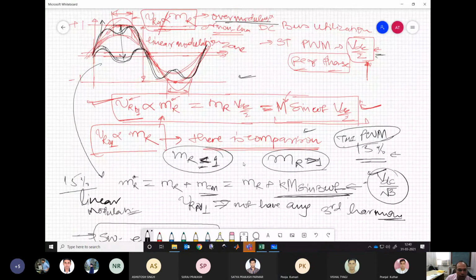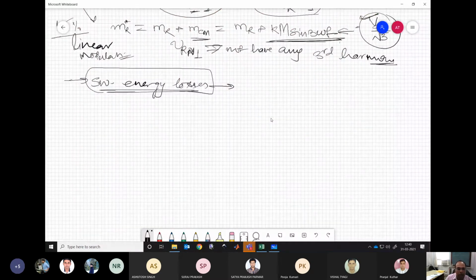We have made sure that this modulating signal is getting compared with the carrier at every point. There is maybe just one point where it is touching the boundary, and only that point is missed out. Every other point is compared, and that is why we have switching loss at every switching instant, or at every crossing. Is that clear?